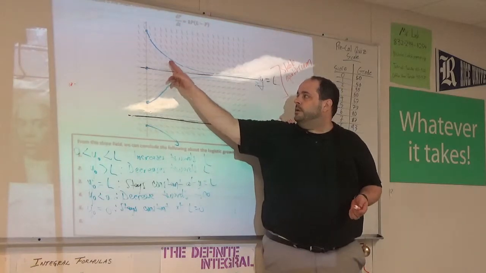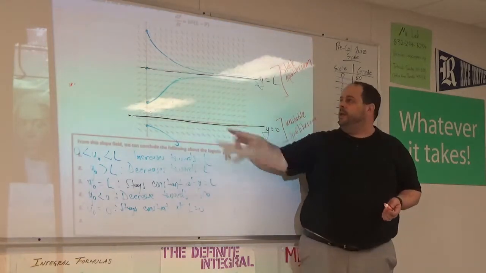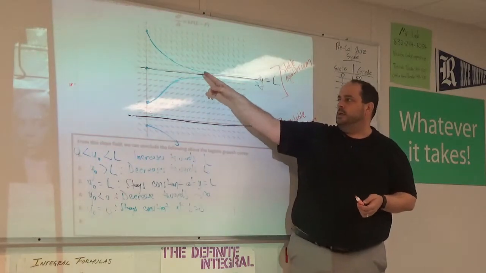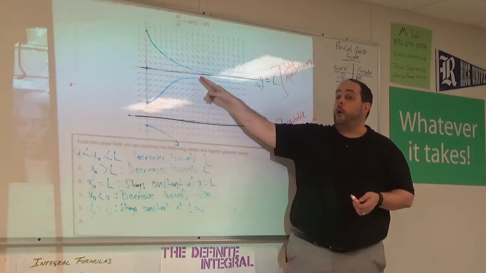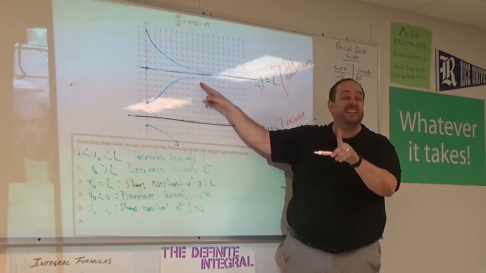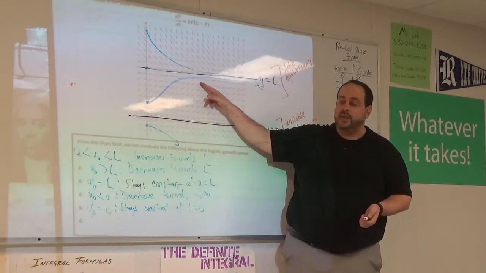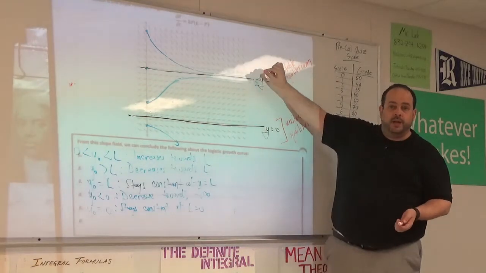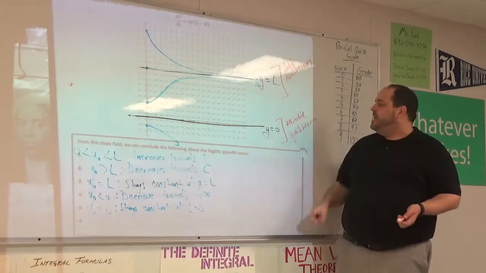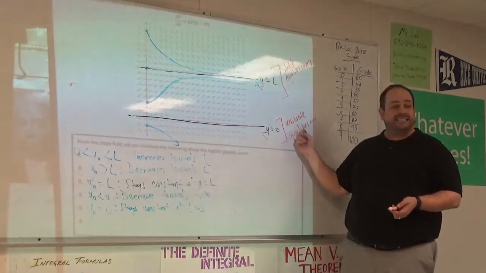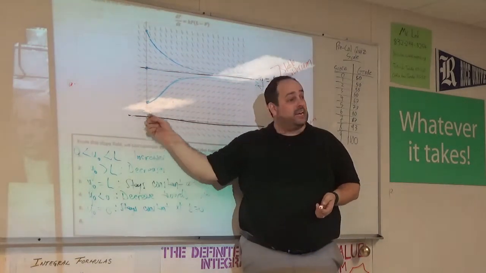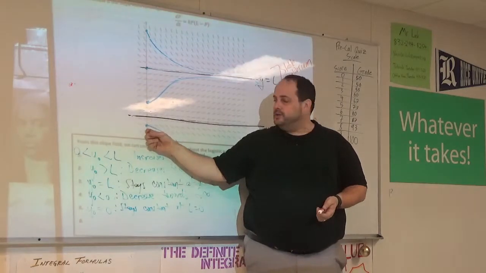The population either decreases or increases. One more time. The population either increases or decreases, but specifically it decreases or increases in a way that you're getting closer to the carrying capacity. This is considered down here an unstable equilibrium because if I pick an initial condition around 0, well, what happens?